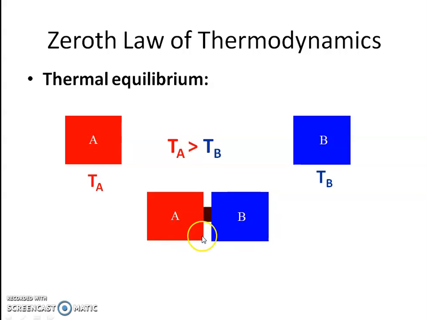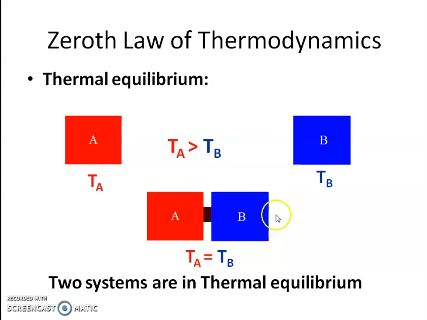When these two systems are in contact with each other, transfer of heat will take place from hot body to cold body, and after some time the temperature of these two systems will be the same, that is, temperature of A is equal to temperature of B. So here the energy transfers from A to B till TA is equal to TB, and at this point these two systems are said to be in thermal equilibrium.